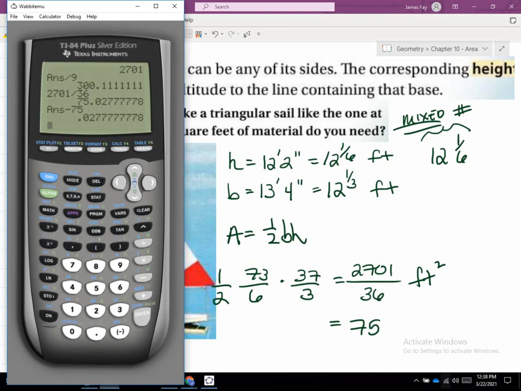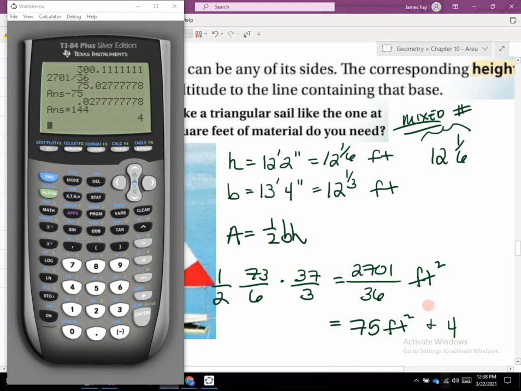So that's how much of the next square foot I have. Okay. But if I want that in inches, multiply it by 144.